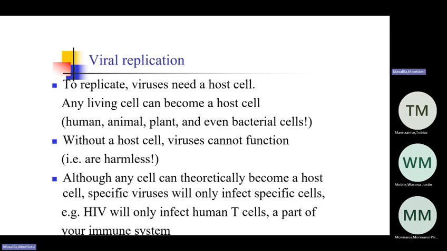Why? Because of their structure or the way they attack a cell, other cells are going to be difficult for them to pursue. Not that they cannot get in, they can, but because of their structure, other cells are too hard to attack.